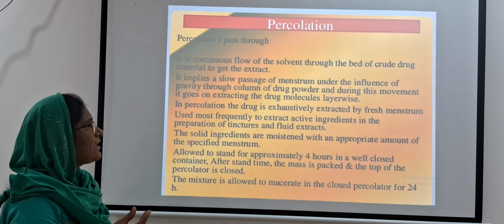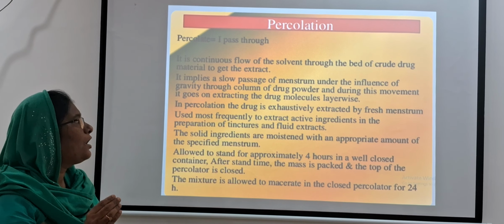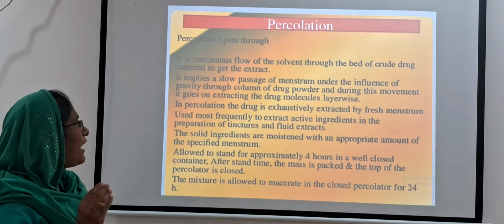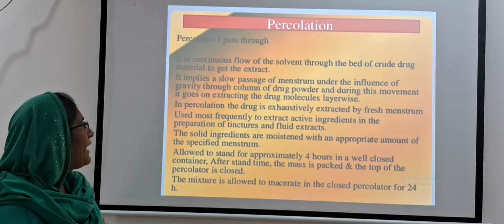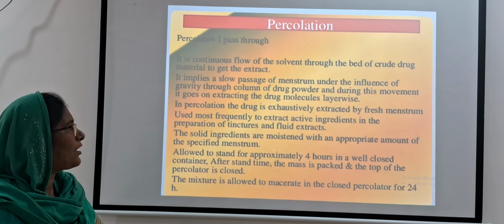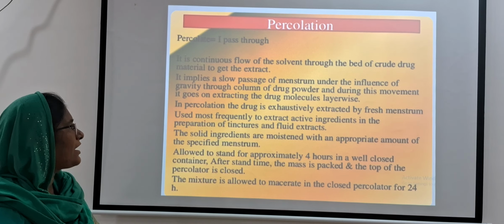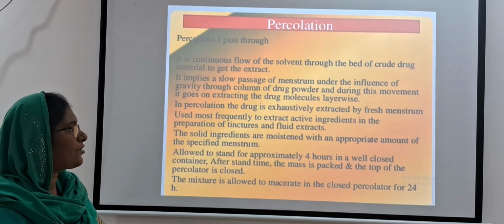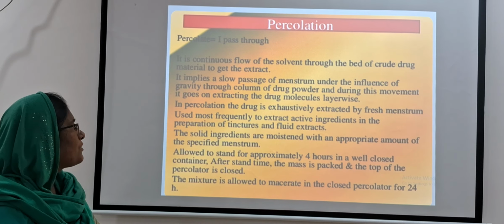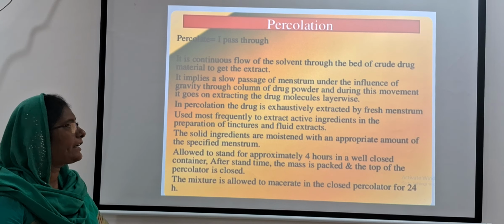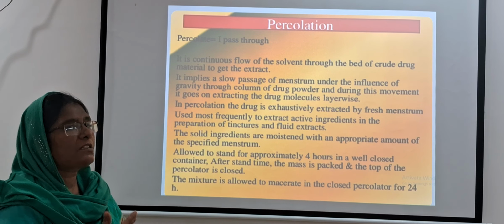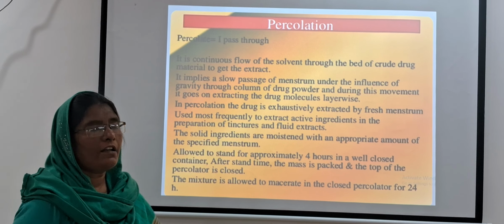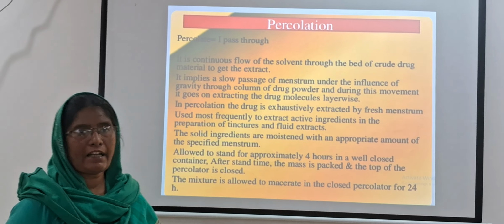It implies the slow passage of menstruum under the influence of gravity through the column of drug powder, and during this movement it goes on extracting the drug molecules layer by layer. In percolation the drug is exhaustively extracted by fresh menstruum, and it is used most frequently to extract active ingredients and for preparation of tinctures and fluid extracts.